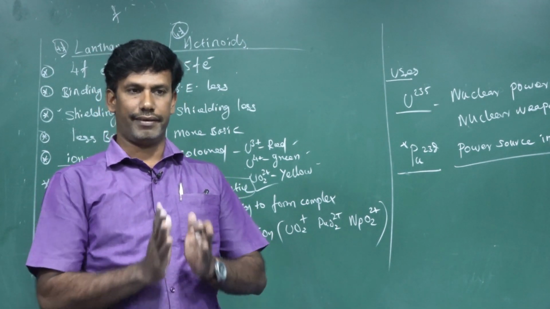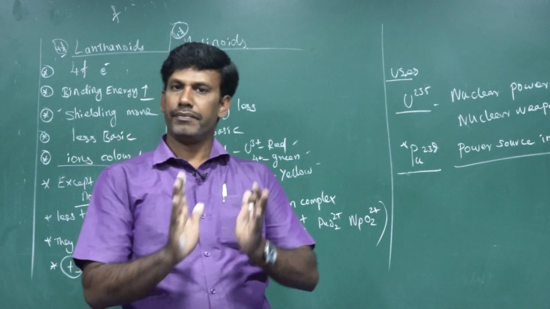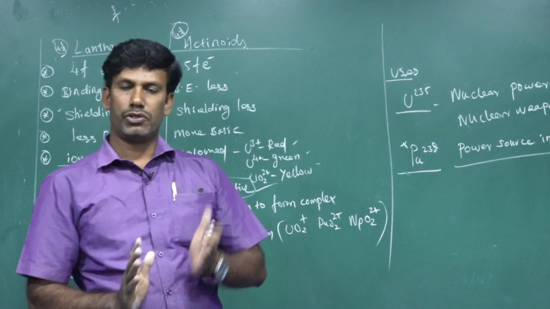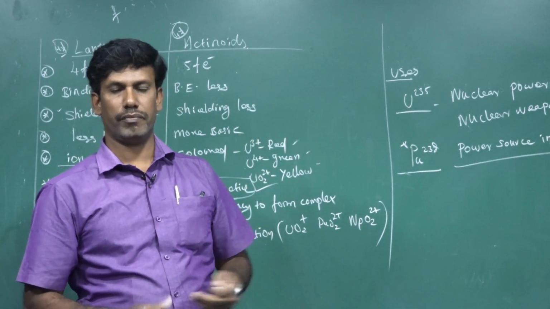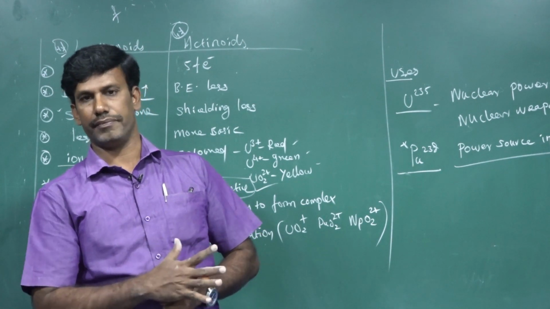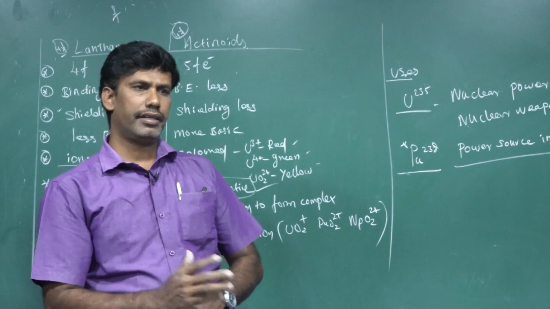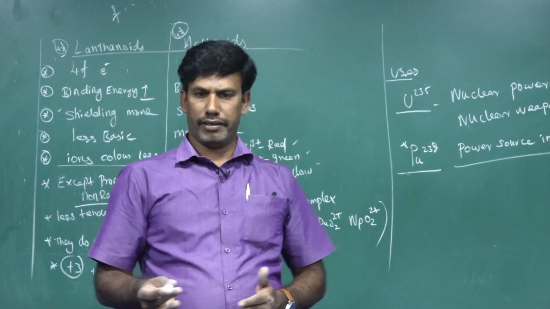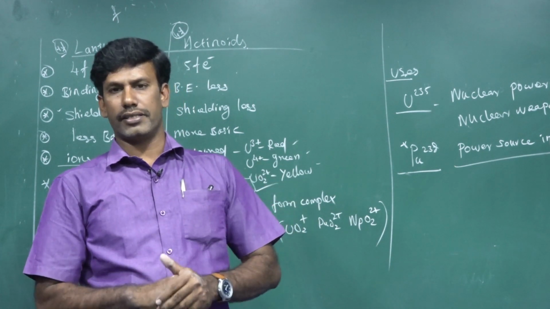Then we saw the oxidation states exhibited by actinides: most common is +3, least +2, maximum +7. Then the comparison between lanthanides and actinides. There is a similarity: lanthanide contraction, and here actinide contraction is also available.